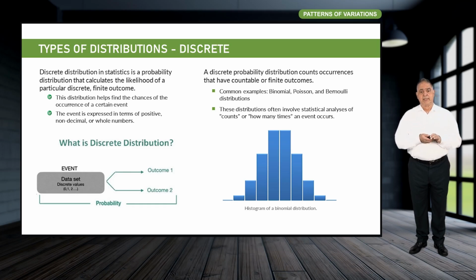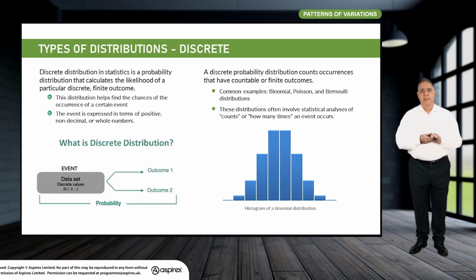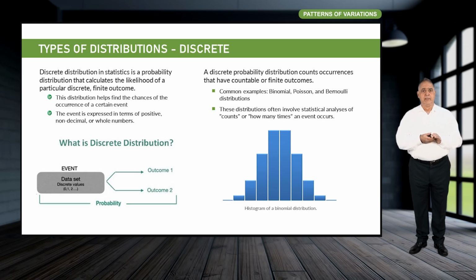And a classic example is the so-called binomial distribution, in which case there are 2 possible outcomes for an event. For example, if we flip a coin, either we get heads or we get tails. If we throw a fair dice, we're going to get a value that is between 1 and 6.